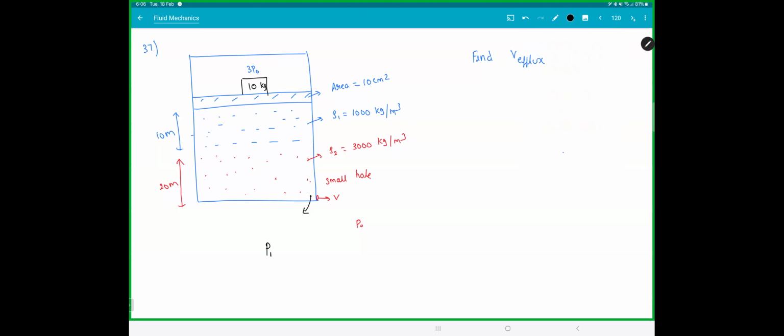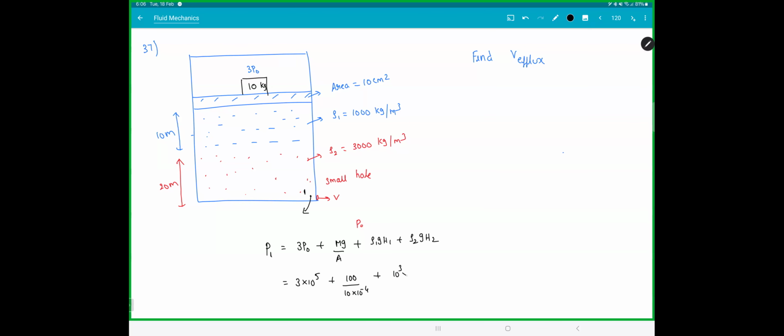So pressure P1 here is 3 P naught due to the gas, plus the block's pressure, which will be mg by area, plus rho 1 g h1, plus rho 2 g h2. So 3 P naught is 3 into 10 power 5. mg is 100, area is 10 centimeter square, that is 10 into 10 power minus 4.